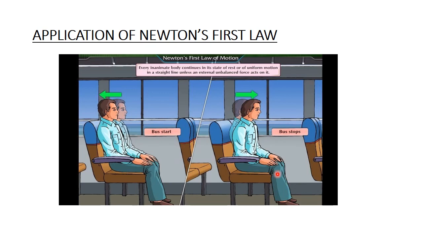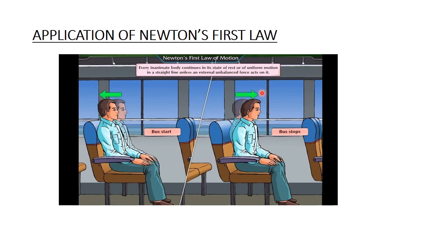Only the velocity of the feet suddenly stops, but there is still a velocity for the upper part of the body. So if the running bus suddenly stops, the passengers may fall in the forward direction.